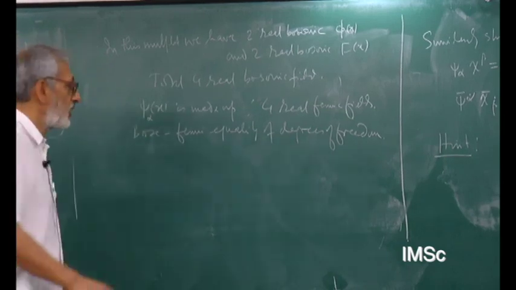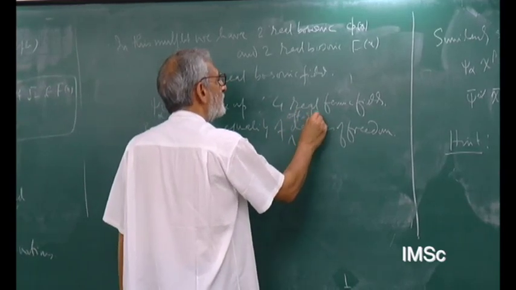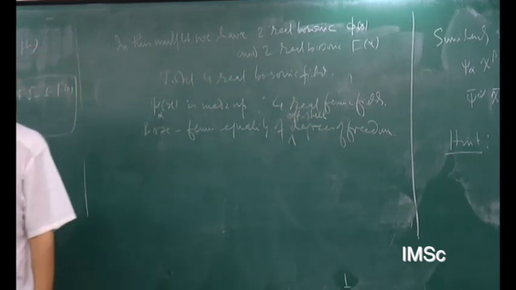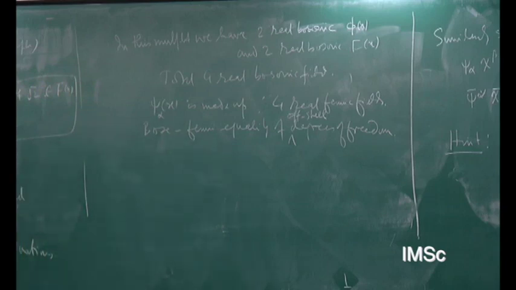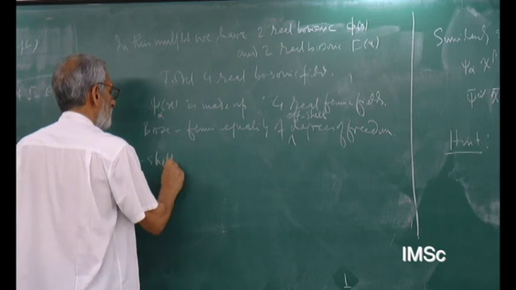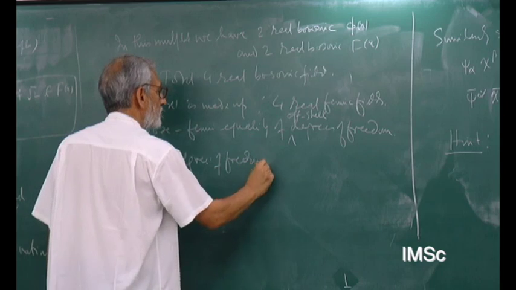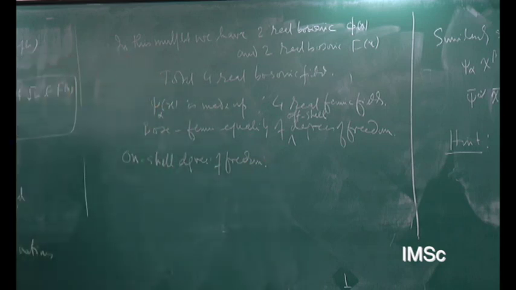So this is off-shell degrees of freedom. Which means phi, psi, and f don't satisfy equations of motion. They're general fields. Now, on-shell degrees of freedom. On-shell means phi and psi and f satisfy equations.